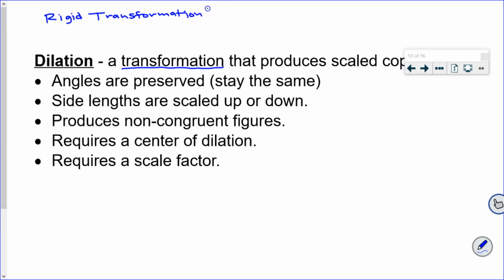So we talked about rigid transformations. Specifically, we talked about translations, rotations, and reflections.